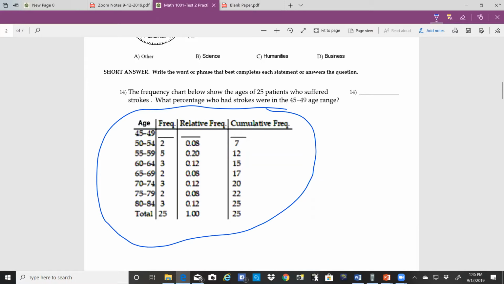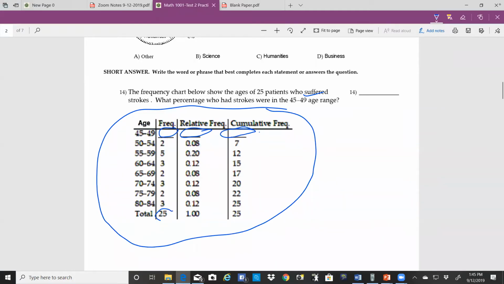These are patients, I guess it could be men or women, who suffered strokes. And there's a question about what percentage who had strokes were in the 45 to 49 range. And you'll have to study this table a little bit. Notice I left out the frequency, or how many data points there were.